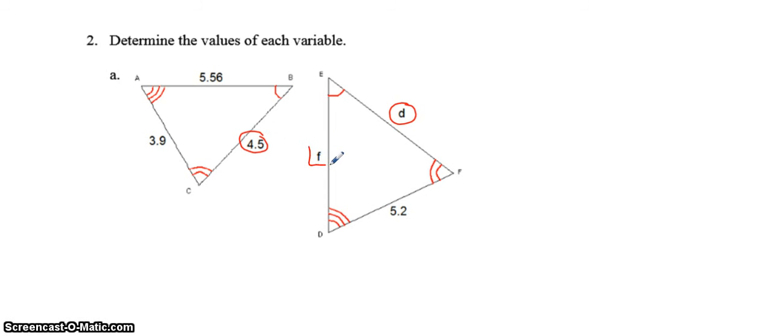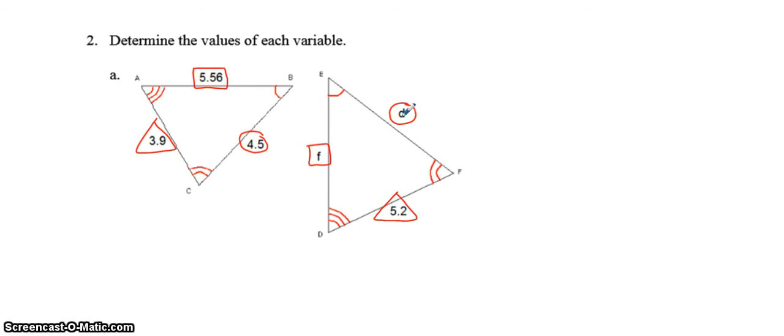Side F is between the 1 and the 3. So that would go with 5.56. That leaves 5.2 to go with 3.9. So that's the full ratio right there. So that's the one you're going to use to cross multiply.